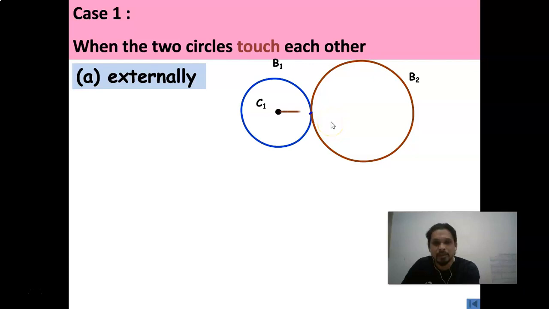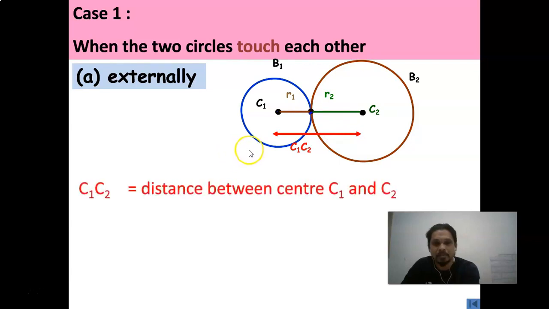We call the radius of C1 R1, and the radius for circle number 2 R2. So R1 plus R2 is the distance between center 1 and center 2, that is, the distance between C1 and C2 equals R1 plus R2.